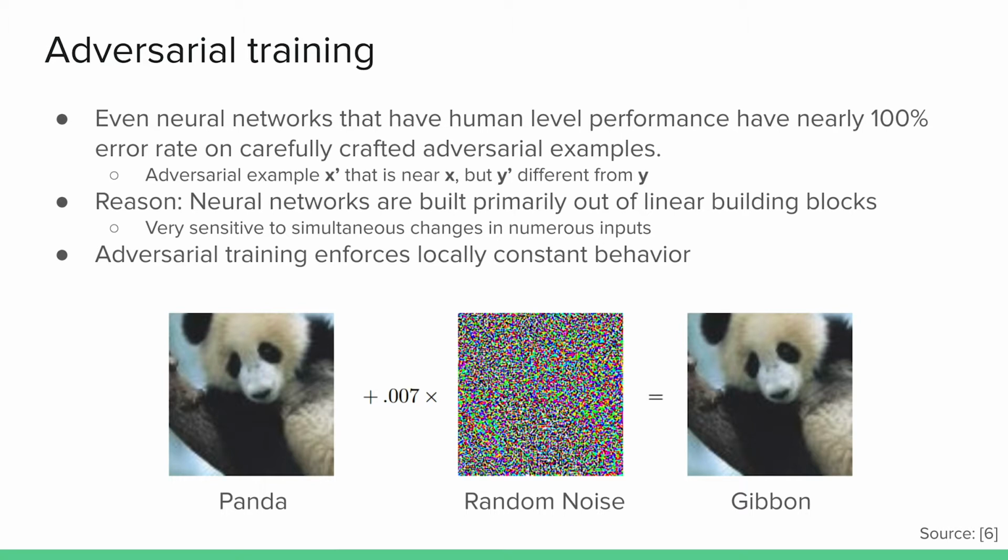But as you can see from this example, by carefully crafting adversarial examples, for example, by adding some noise, you can fool these networks.